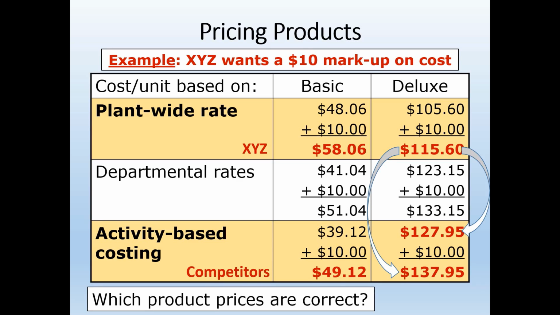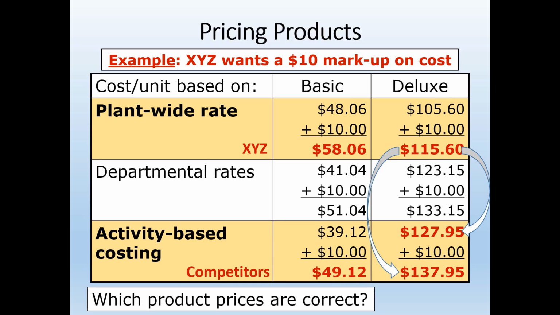But if activity-based costing really gives firms in this industry a better sense of how much it costs to make a deluxe unit, XYZ won't make a dime because its $115.60 selling price doesn't even cover the actual cost to make a deluxe unit.